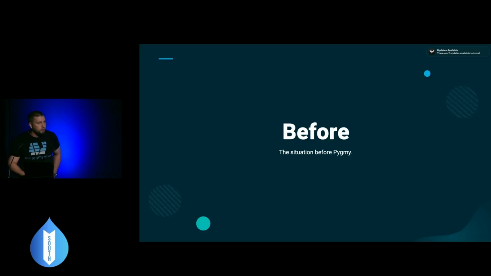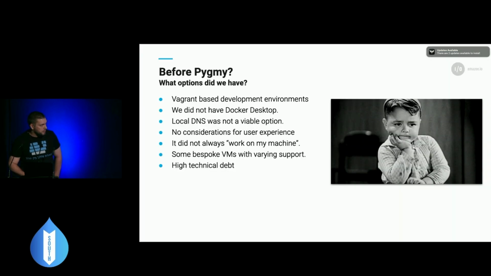The situation before Pygmy was there was no Docker Desktop for Mac. This was kind of a problem at Amazee Labs, which is the company which Amazee spawned out of originally. So they needed a product for local development on Mac. Docker was clearly superior at the time, so they went to market and found what was available. We actually found a product called Dinghy, which I'll talk about shortly.